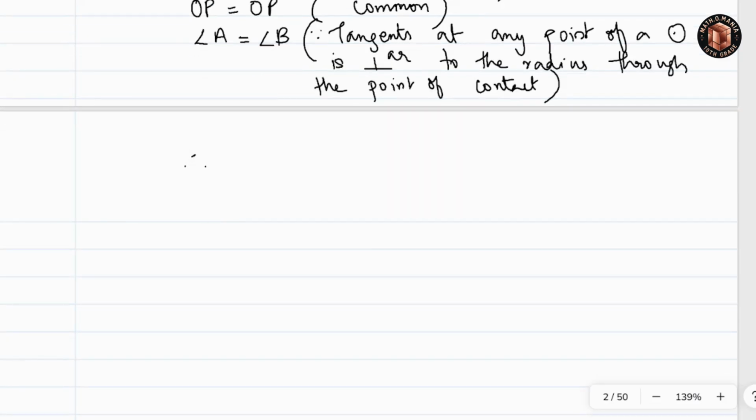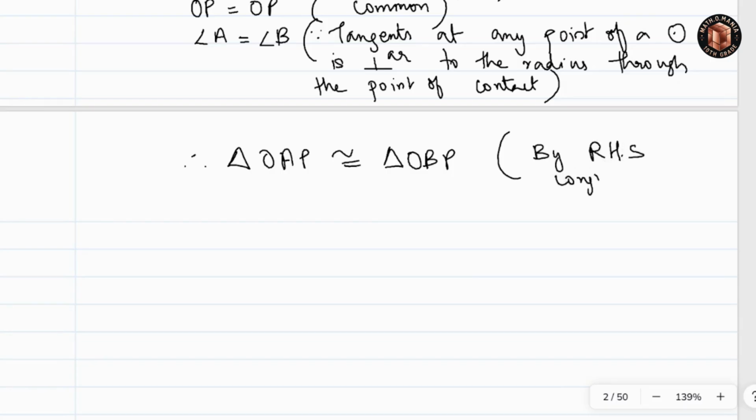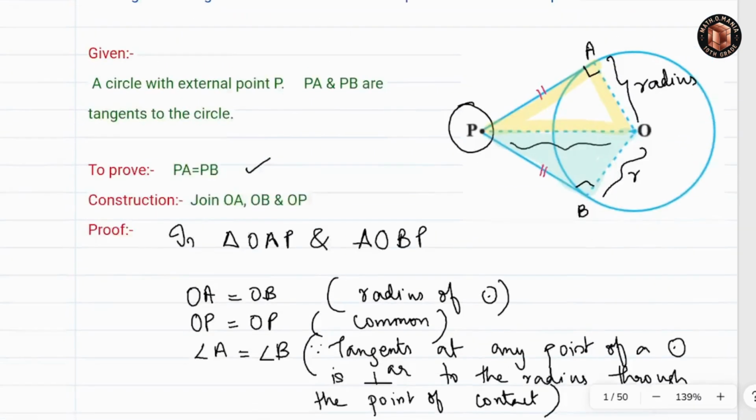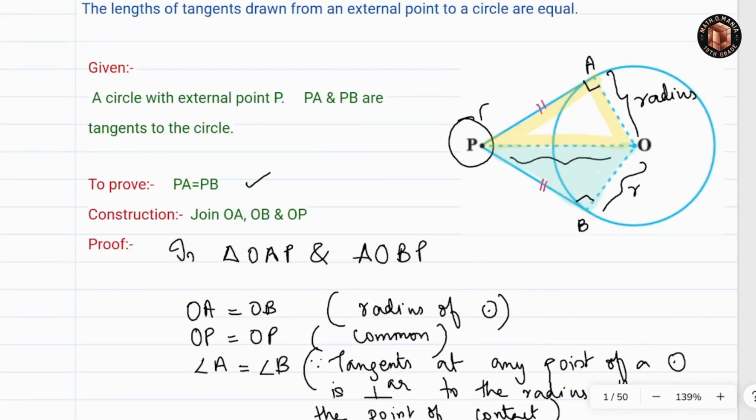So we can write, therefore, triangle OAP is congruent to triangle OBP. By which criterion? By RHS congruence condition, right? Then, if these two triangles are congruent, we can write AP equals PB, right?